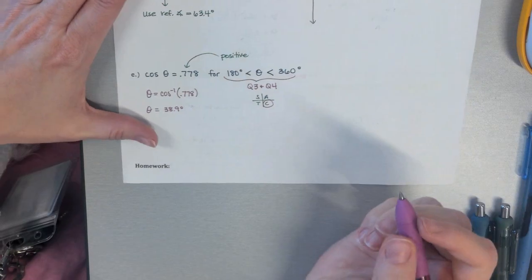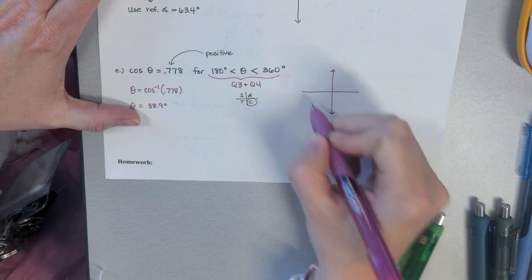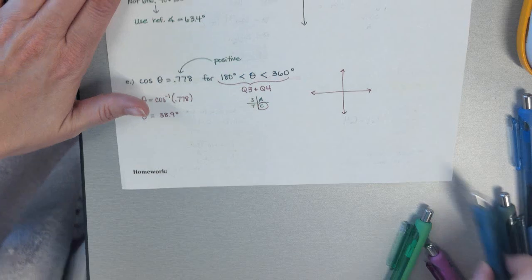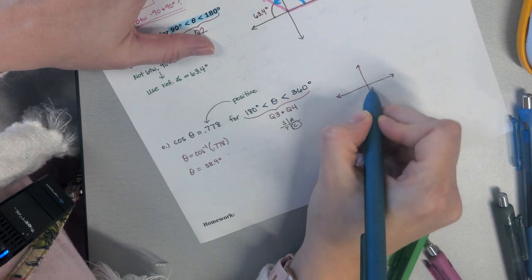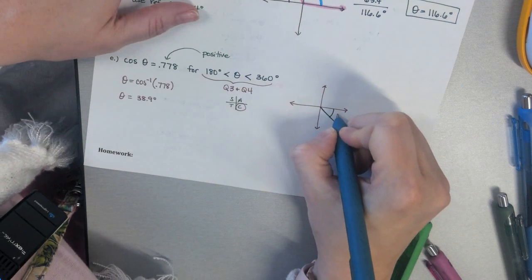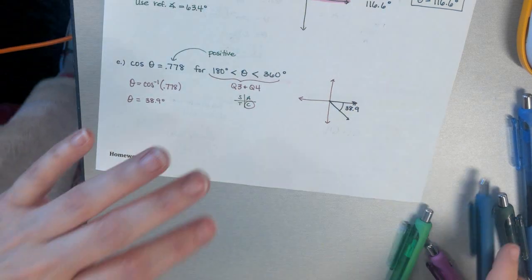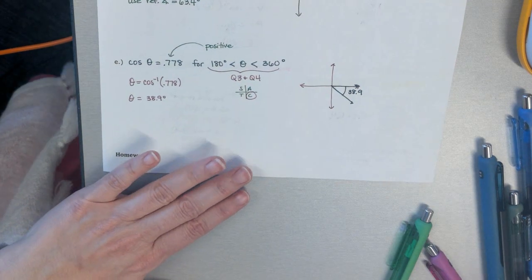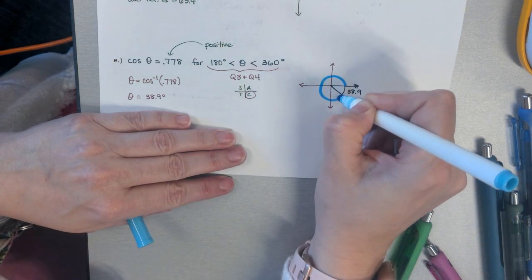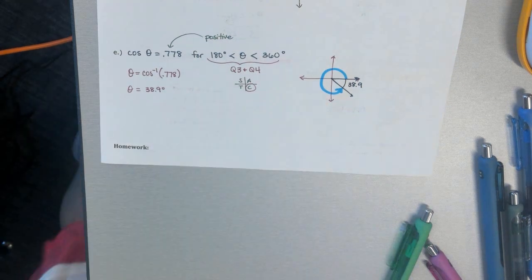So now we're going to draw our reference angle in quadrant 4. So it's 38.9 degrees. So 38.9 would be about there, maybe a little less than that. Okay, but what you are trying to find is the angle that starts at the initial side and ends at the terminal side. How can I find this angle?